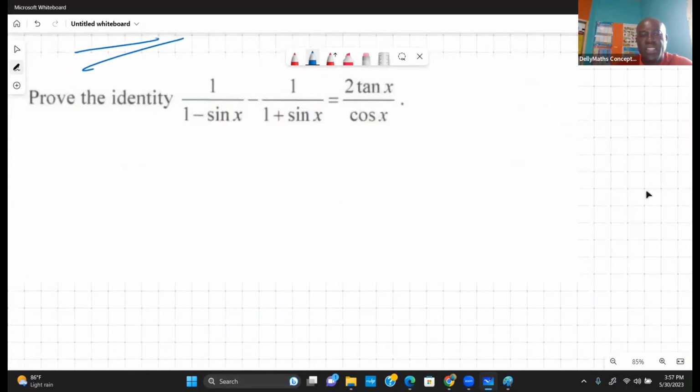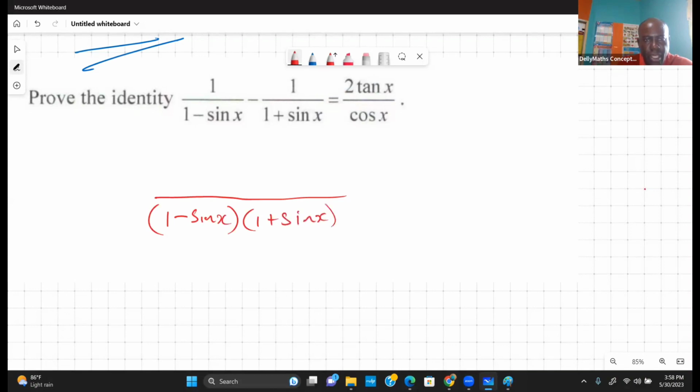So we're supposed to prove this trig identity. What we normally do is take the left side and do algebra. My LCM, as you could see, would be 1 minus sine square x, 1 plus sine square x.